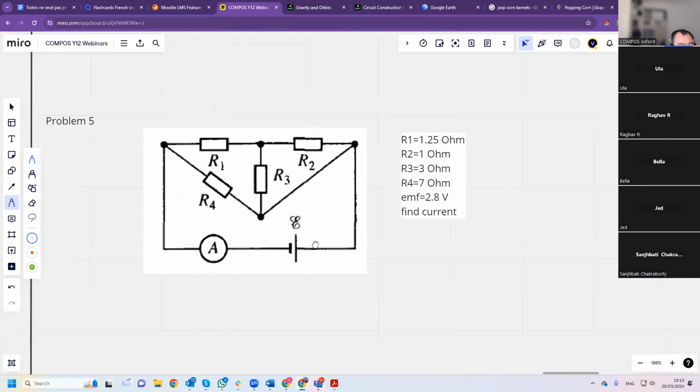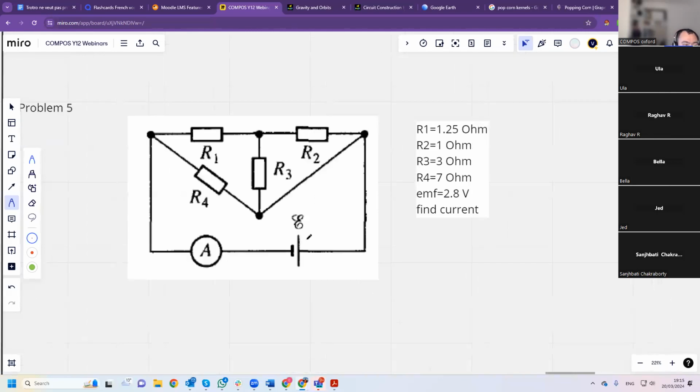First of all, you assume the direction of current. Here the current flows, this is the plus, this is minus, so current will flow in that direction. Now here the current will split. I assume that some of it goes here and some of it goes here. Here the current will split again.